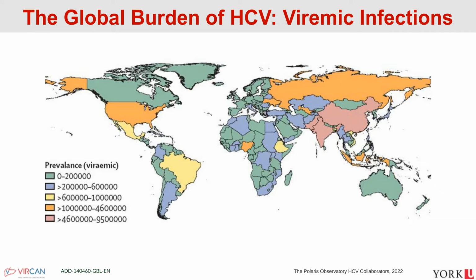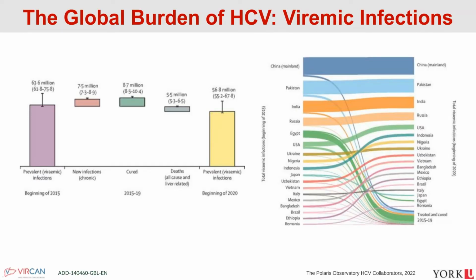And this same study actually did a bit of a trajectory between 2015 and 2020, so right before the COVID-19 pandemic, to look at the impact of direct acting antivirals on the prevalence of viremic infections, so people who are actively infected with hepatitis C. And what is actually, I think, a bit surprising to most people who see these data is that in many, many countries, the impact of direct acting antivirals has not affected the prevalence as much as we thought it would.